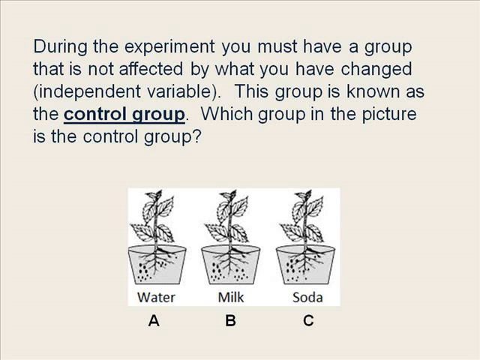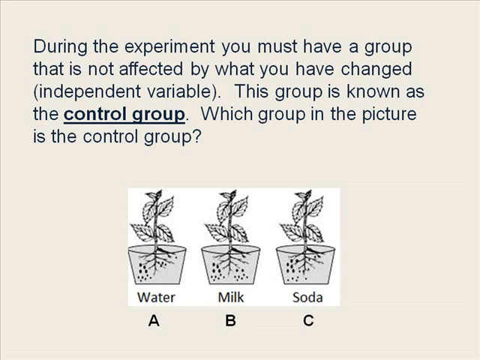Also, when we are setting up our groups for the experiment, if at all possible, you should have a group that is not affected by what you have changed, what you are testing, called the independent variable. This is the group that is going to get normal conditions.